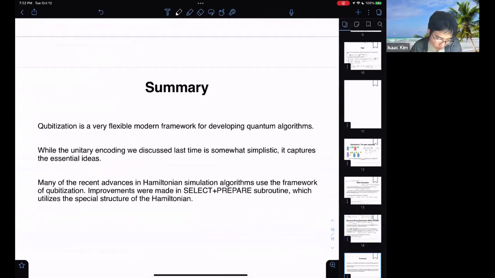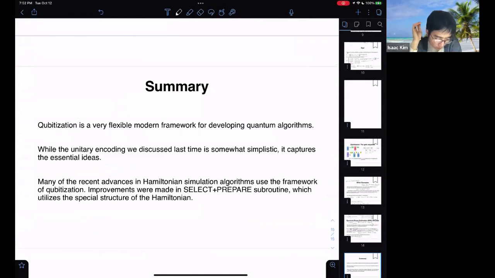Okay, so to summarize, I hope I was able to convey that qubitization is a very flexible modern framework for developing quantum algorithms, because you can consider many different input models for the unitary encoding, such as select and prepare, or density matrix, or other things.